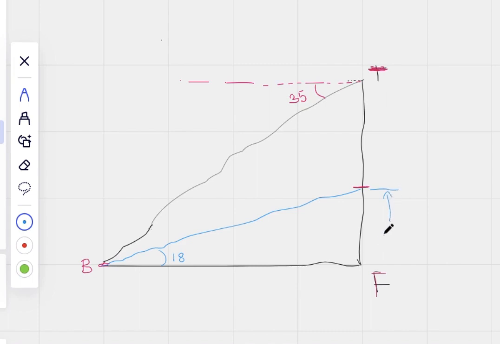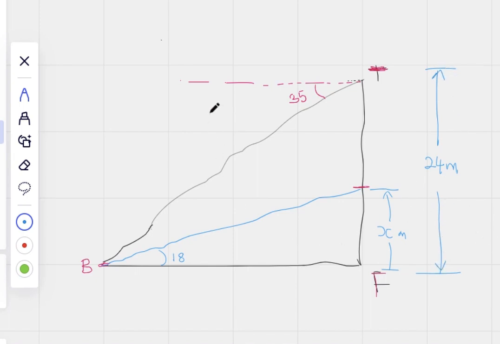From the foot of the cliff to the flag marker is X meters, because we don't know the distance. But the whole height of the cliff has been given to us to be 24 meters.